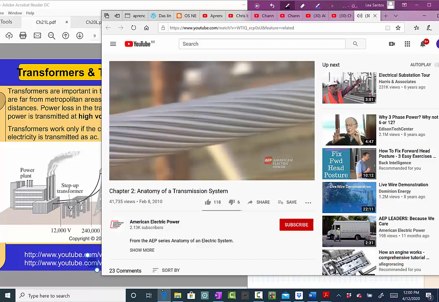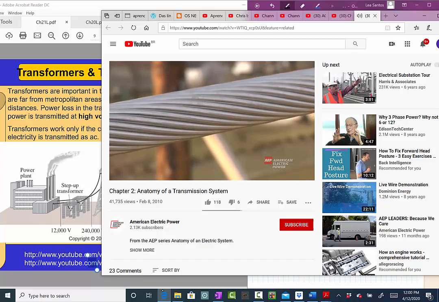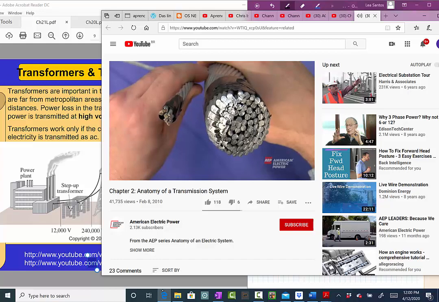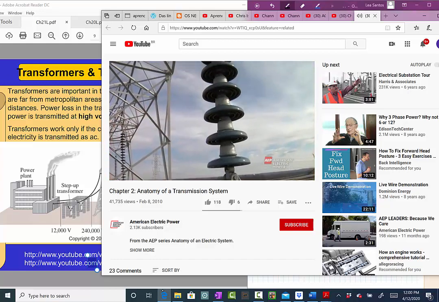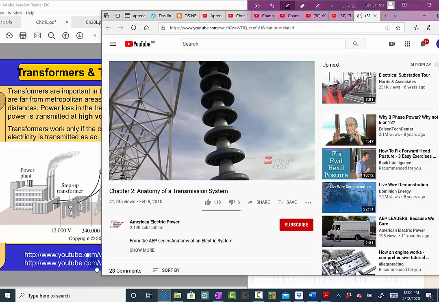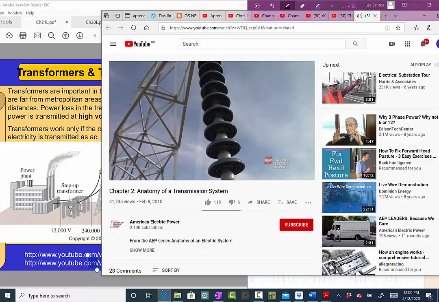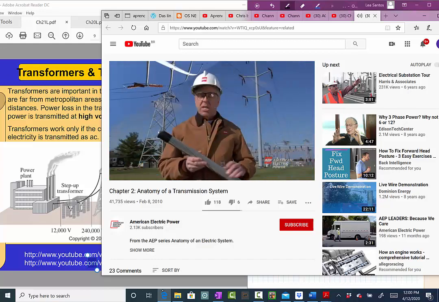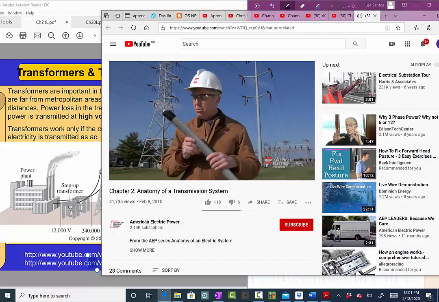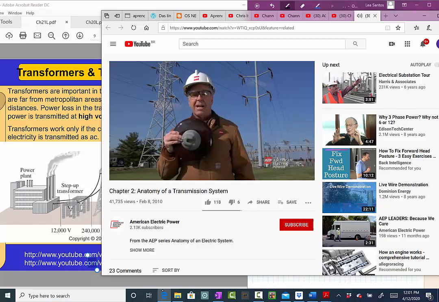Now, transmission lines are actually bare aluminum or copper wires, which are conductors for the electricity. Transmission wires are larger than the wires on poles in your neighborhood. Porcelain insulators hold the wires in place and keep the electricity running through the wires and not through the tower itself. And remember, a conductor allows for the easy flow of electricity, and an insulator does not allow for the easy flow of electricity.